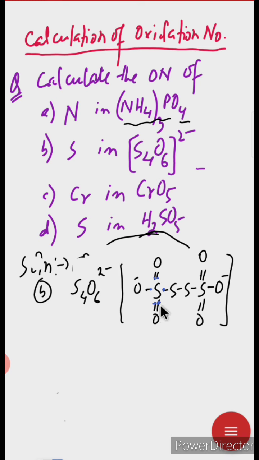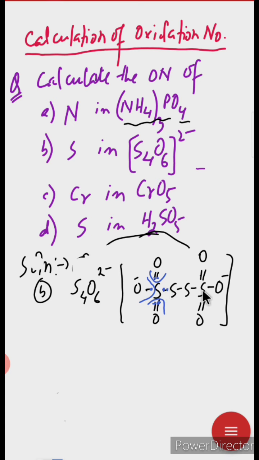From this sulfur, 5 electrons will be pulled away by the 3 oxygen atoms. This electron will be pulled away by this oxygen, this 2 by this oxygen atom, and these 2 by this oxygen atom, but this electron will not be pulled by the sulfur because sulfur and sulfur have equal electronegativity. So this will not be pulled.